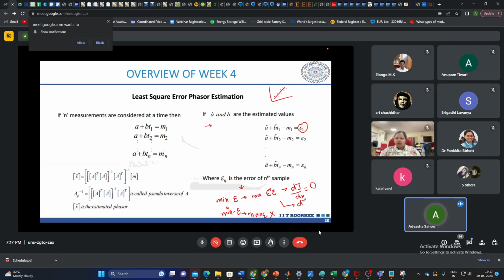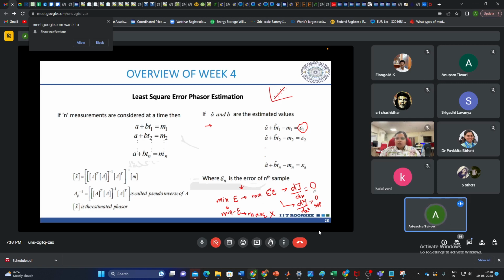If we take the second differential, and if it's a minimum, then obviously this has to be greater than 0, or for a matrix we say that it will be a positive semi-definite matrix. Then we can say that the solution that we got is for a minimum.